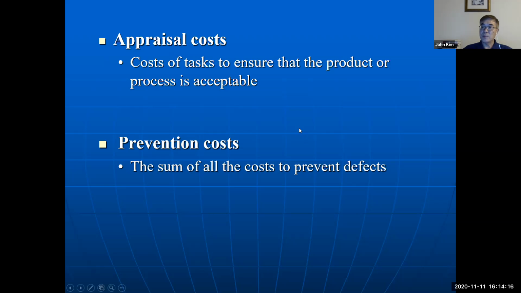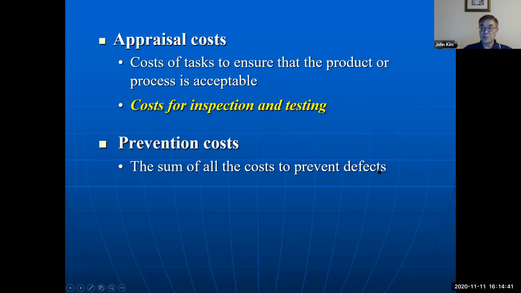So to inspect or test, we need people, workers, we need equipment and time. They are appraisal cost. So cost of test, to ensure that the product or process is acceptable. So cost of inspection and testing are appraisal costs.